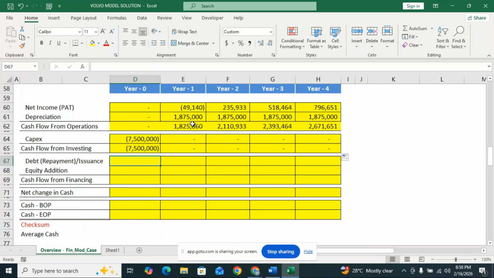And if you're done with your cash flow from the operations and cash flow from the investing activities, then we move on to the debt repayment or issuance of debt. So for the initial year, that is year 0, how are you going to consider it? Equals to, so how are you going to compute this?